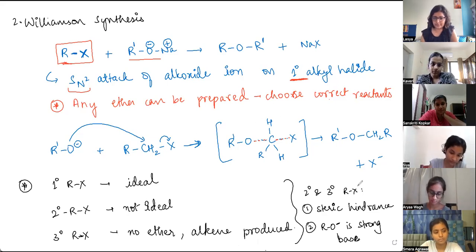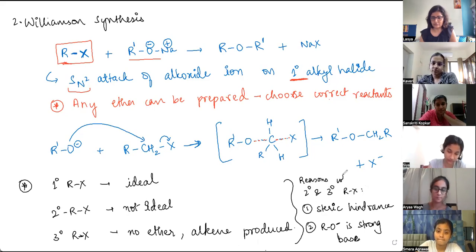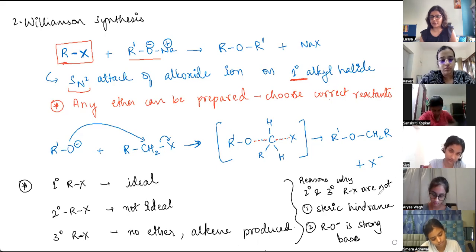So I'll just make it more clear. Reasons why tertiary and secondary alkyl halides are not preferred or are not used.